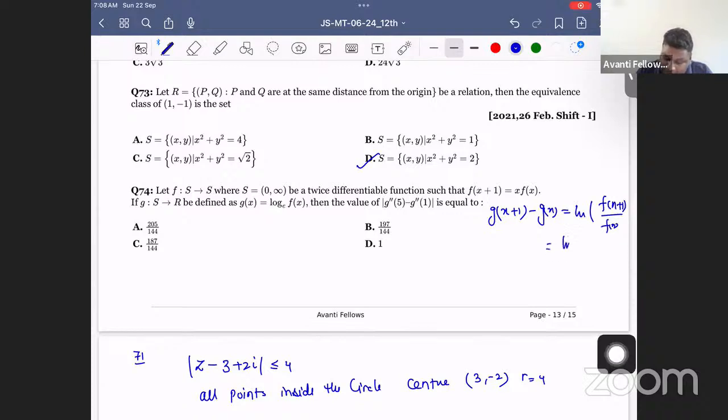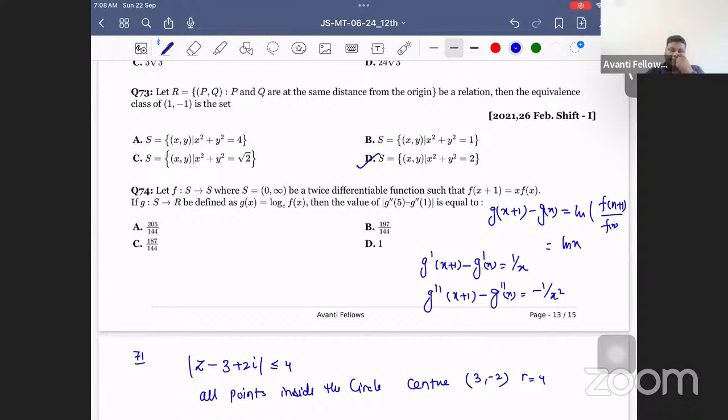So that is ln x. Am I clear? Now differentiate once. So g dash of x plus 1 minus g dash x will be 1 by x. g double dash of x plus 1 minus g double dash x is minus 1 by x square.